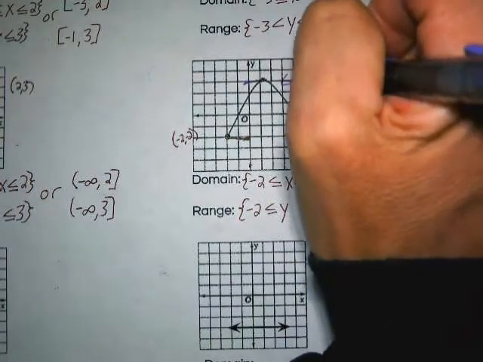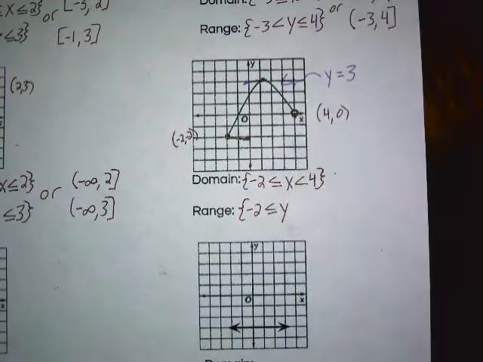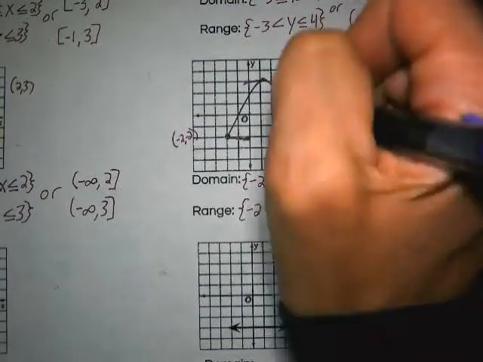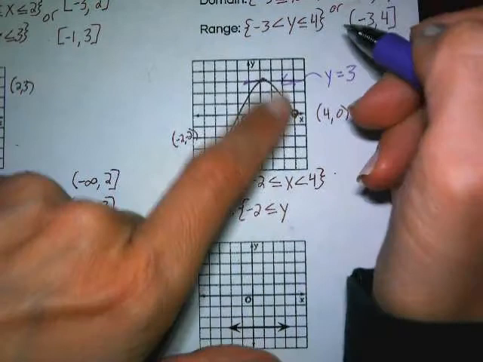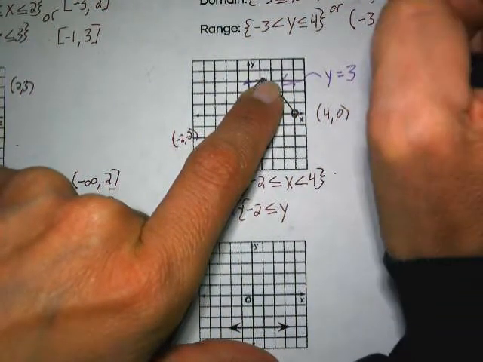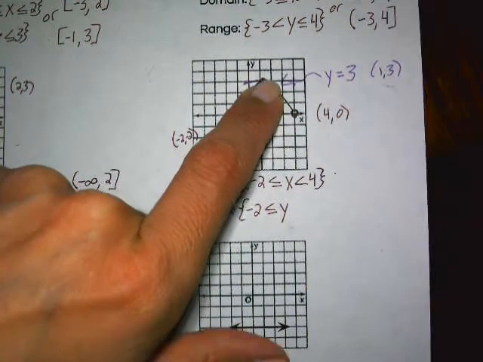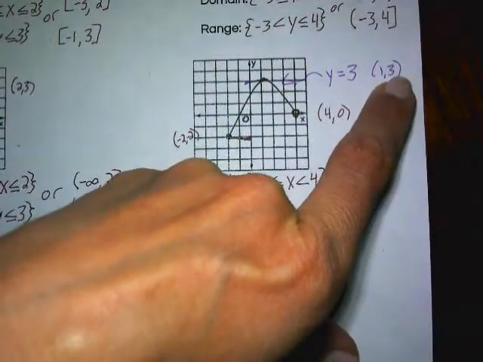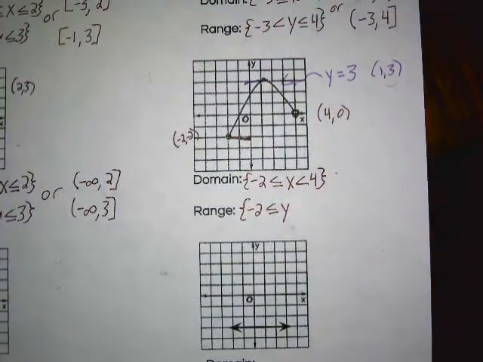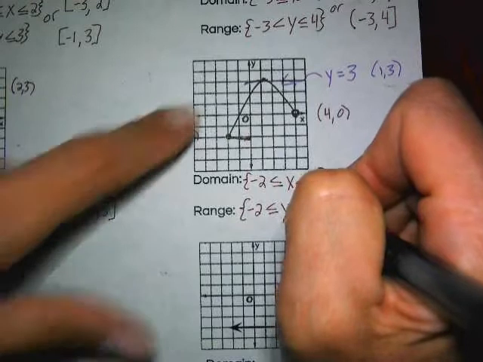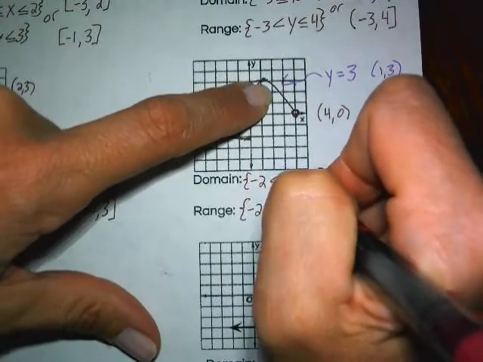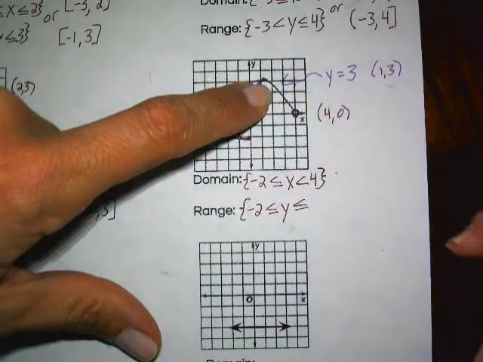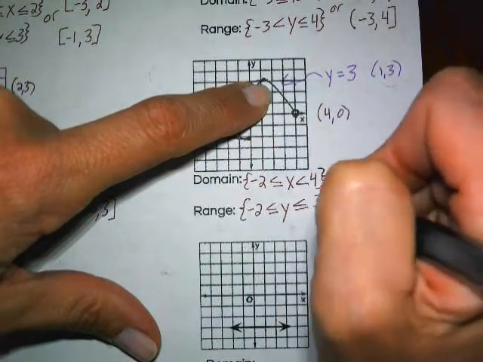So this is y equal to 3. Highest y value is 3. Now when we do this, our 3 is included. So we're going to have less than or equal to 3.